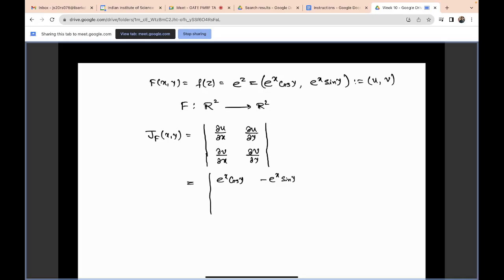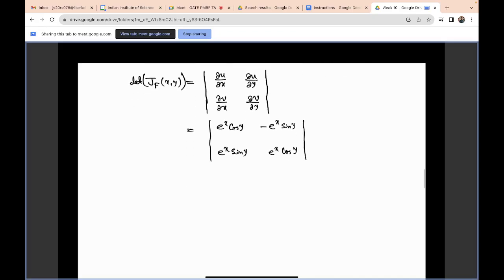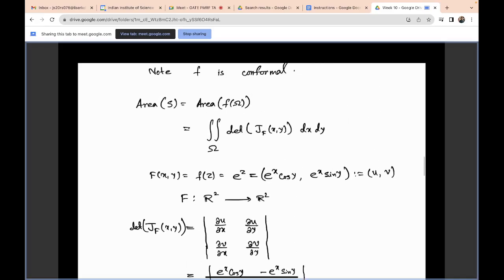Del v del x is e to the power x sin y, and del v del y is e to the power x cos y. So the determinant of this will be e to the power 2x times cos square y plus sin square y, which is e to the power 2x. So this is the Jacobian determinant.